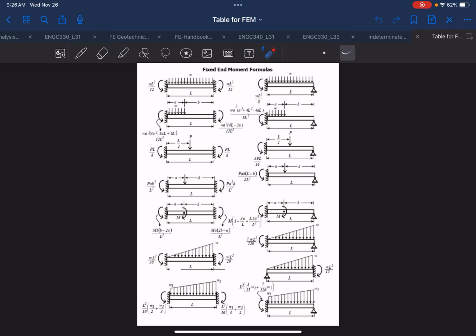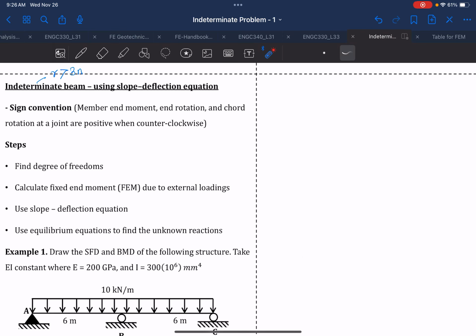In a real project, you'll be using software, so you don't have to stress yourself over complicated loading, unless the objective of the class is for you to find the fixed end moment formula only. But if you're going to use the slope deflection equation, generally the loading will be common, as given in that sheet.